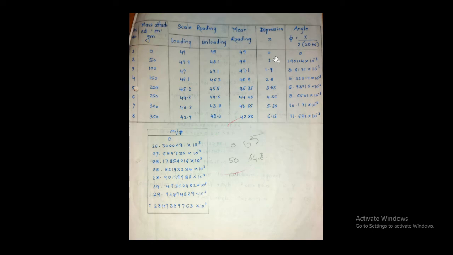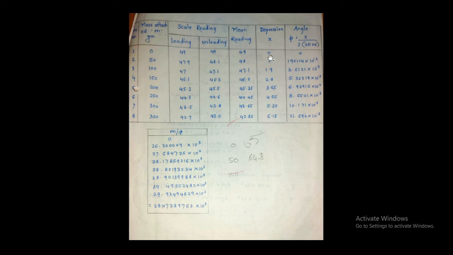We take the successive differences between the readings: 50 to 0, then 100 to 50, then 150 minus 100, 200 minus 150 and so on. That gives the depression for each 50 gram load.